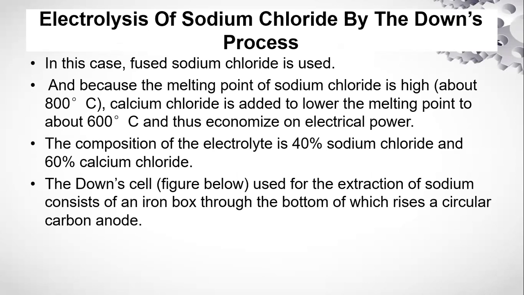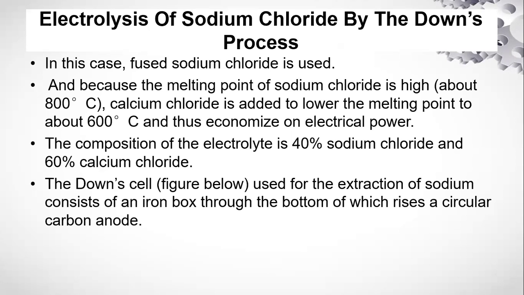Now, let's see the extraction of sodium by the Downs process. In this case, fused sodium chloride is used for the electrolysis. Because the melting point of sodium chloride is high, about 800 degrees, calcium chloride is added to lower the melting point to about 600 degrees, and that economizes on electrical power.